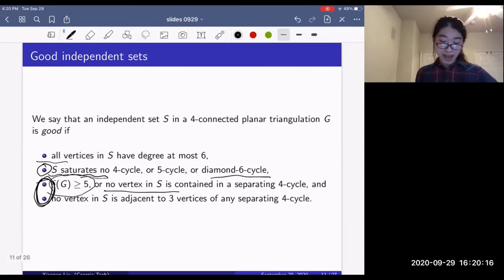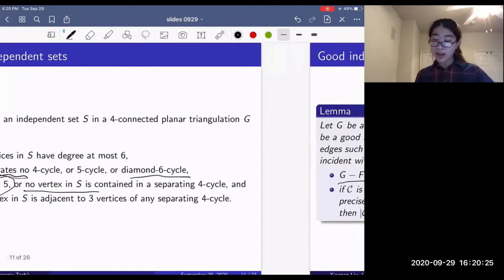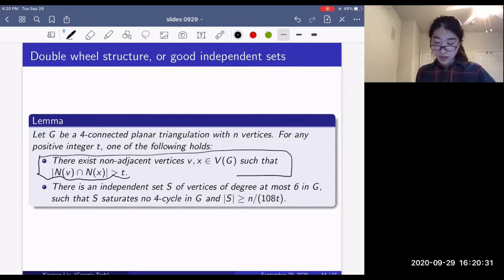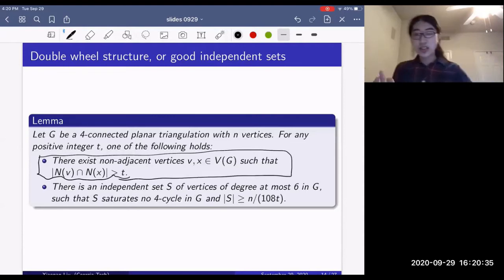If we can find an independent set that saturates no 4, no 5, or diamond 6 cycle, then we are happy. So now what we want to do is just this case, where there exist non-adjacent vertices V and X such that they have a lot of common neighbors.